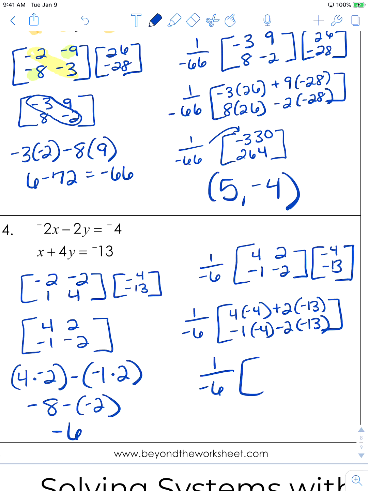Multiply, add straight across. You get negative 42 over 30. And negative 42 divided by negative 6 is 7. And 30 divided by negative 6 is negative 5.